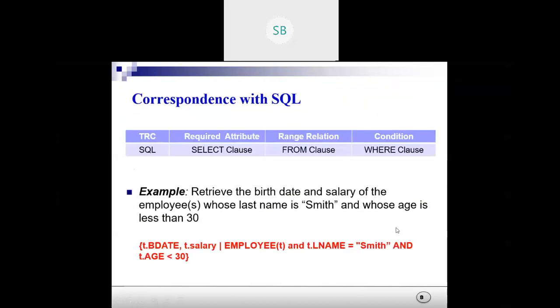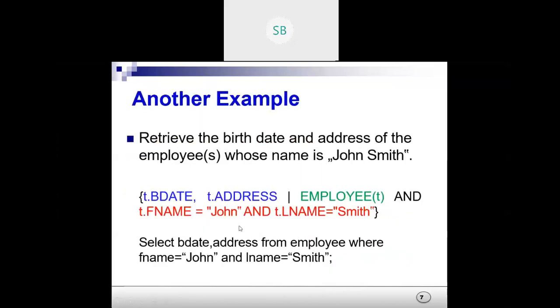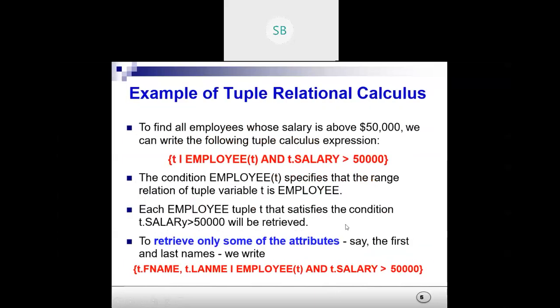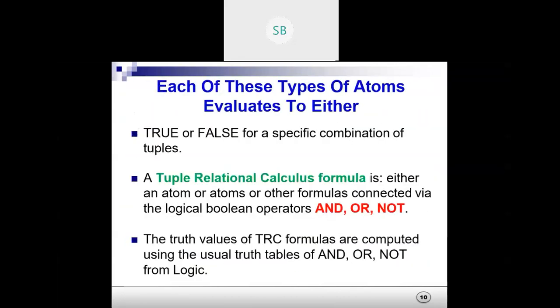So tuple relational calculus may involve a single value, like we studied in the last example, or any combination of values. That means it may be an atom or a combination of atoms, and we use the AND operator. So this was all about tuple relational calculus. Till this point, are you clear?